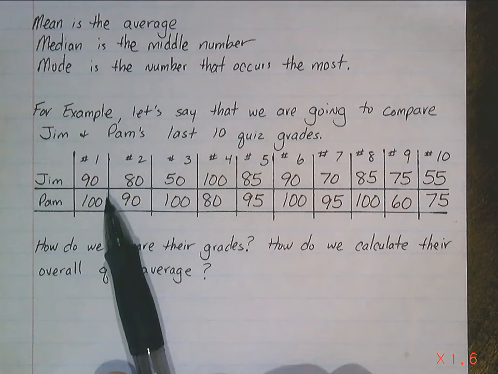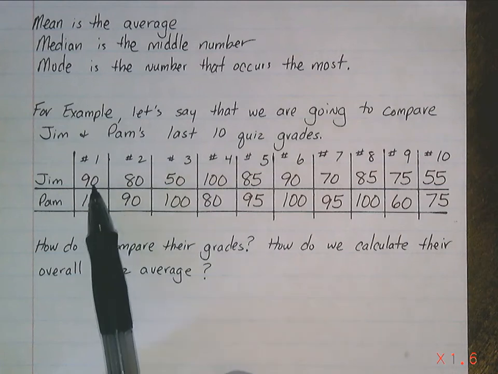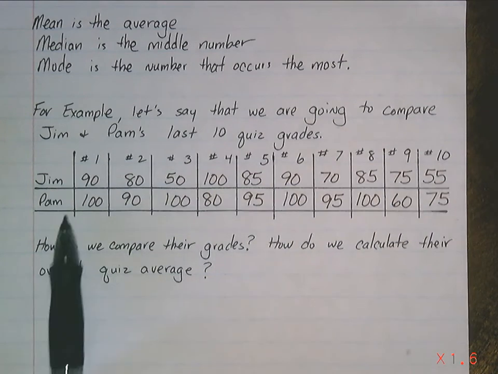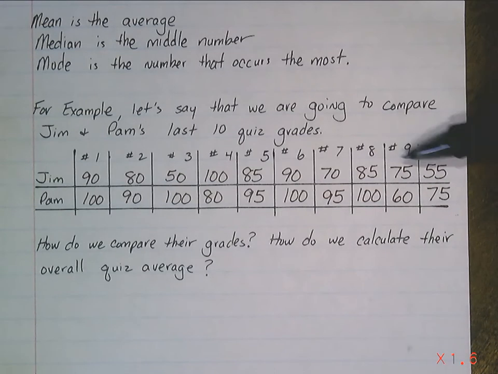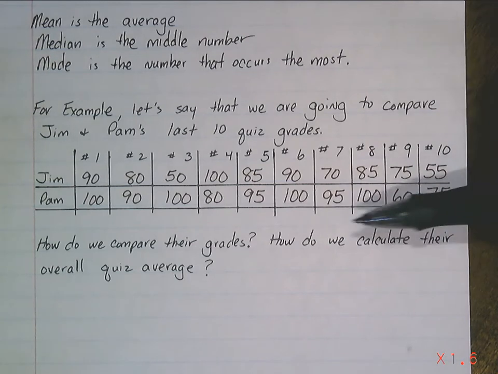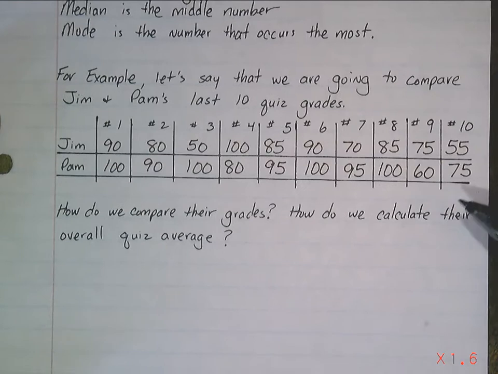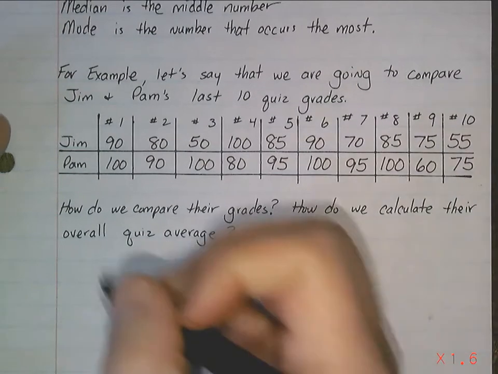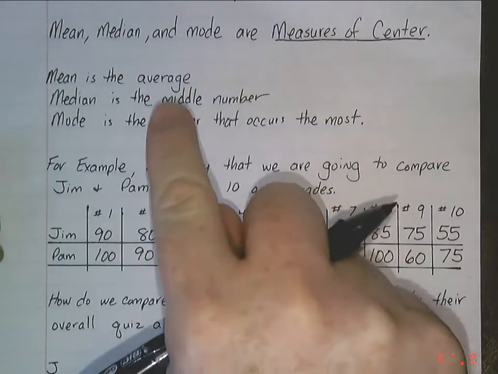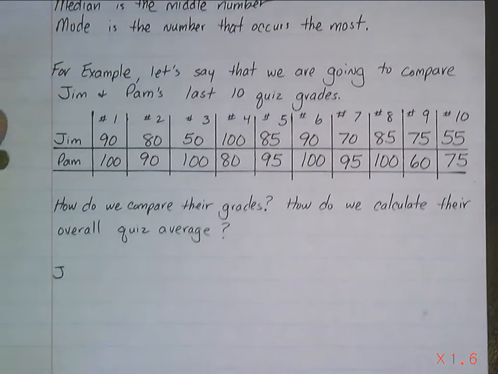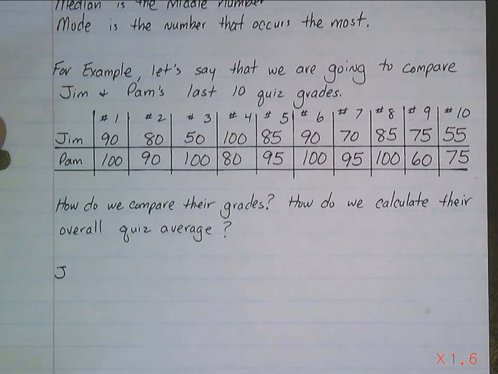So, for example, Jim has all these grades here and Pam has all these grades here. So what we need to do is add them up and divide by 10 for each of them. Okay? So what we're going to do for Jim and Pam is actually put them in order from least to greatest first, since we're going to figure out the mean, the median, mode and range of both students here.